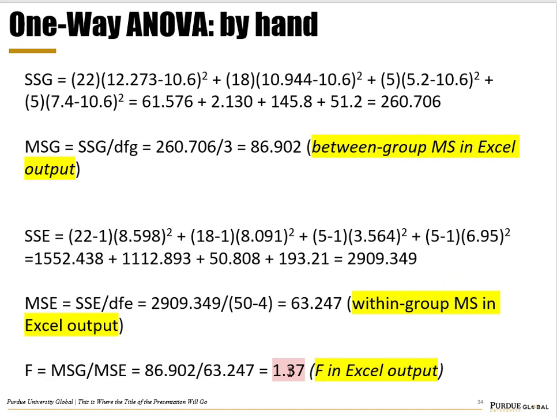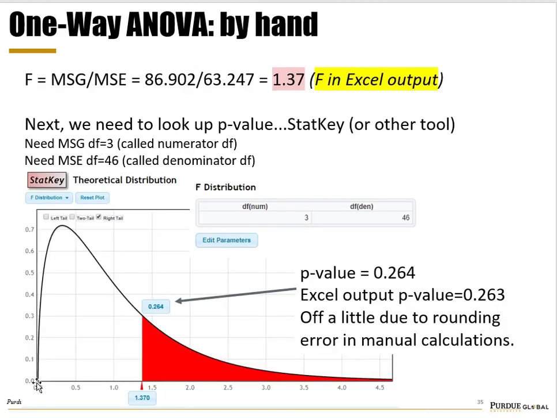So F is always going to be a ratio, and so it starts at 0 and then it goes out, and your critical area is always out in the tail, the further you get from 0. And so that's what an F distribution looks like. And that's everything we need to know for one-way ANOVA.